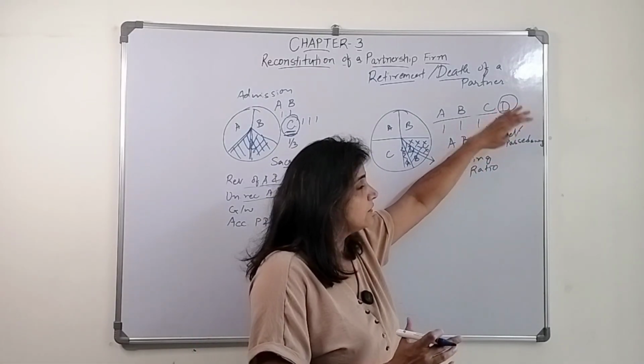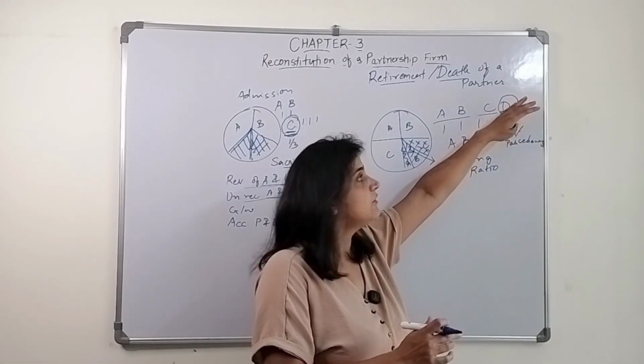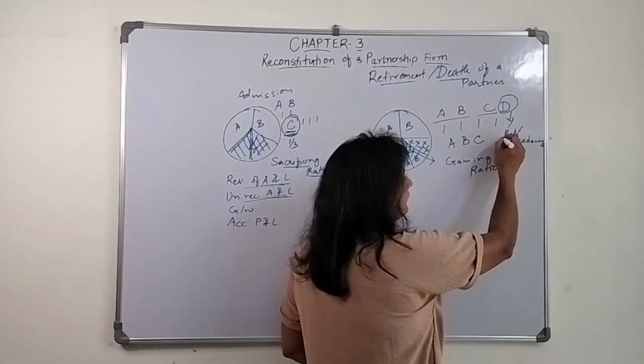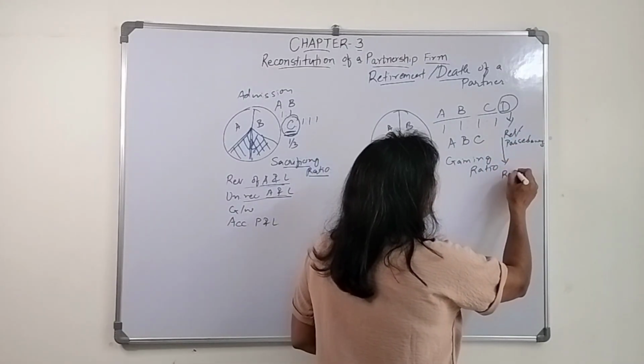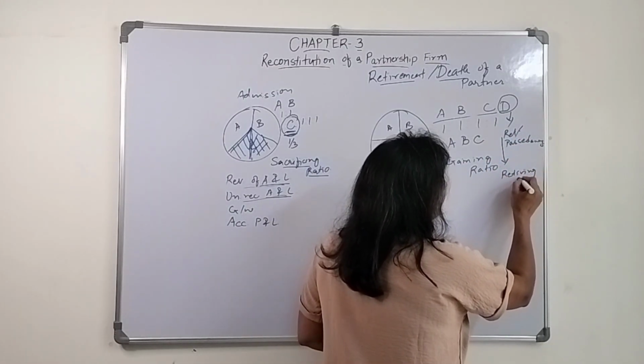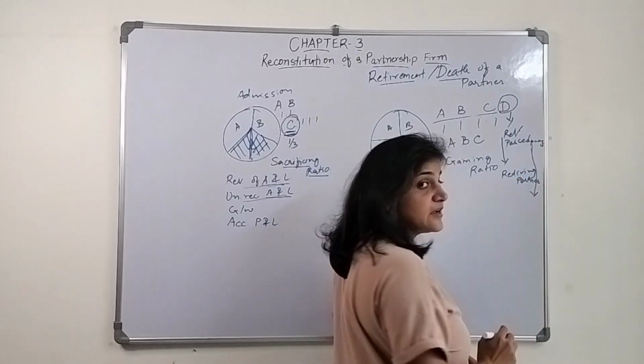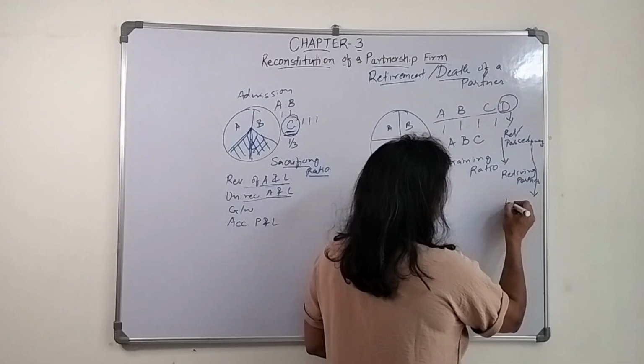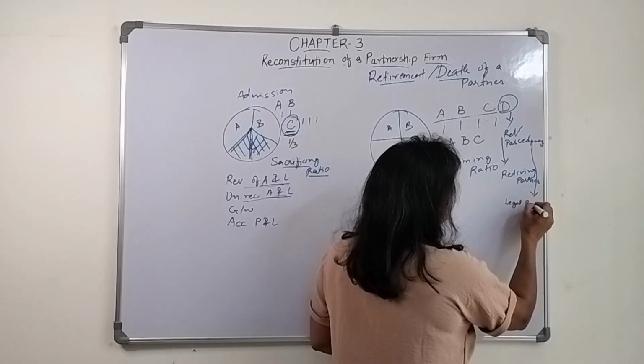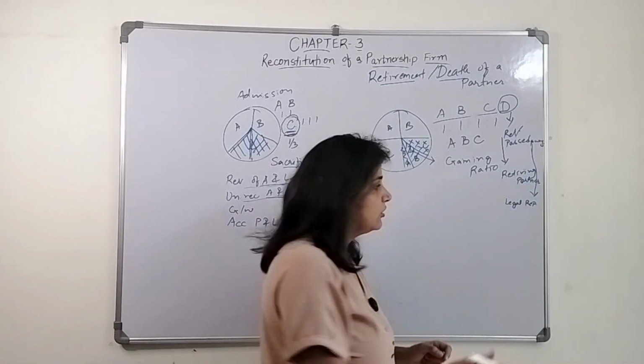But before that, whatever belongs to D, if he has retired, we will give to this retiring partner, or if he has passed away, we will give the things to his legal representatives. What are we going to give them?